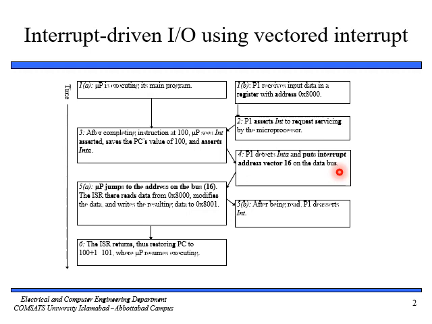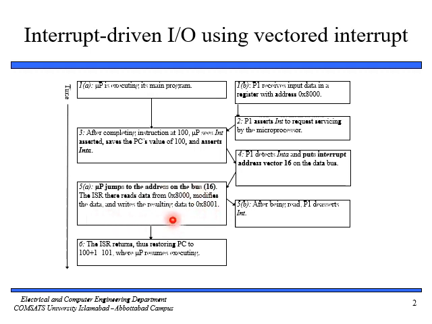Previously you know that our address was fixed for the ISR, but now we are putting the address on the data bus. The microprocessor jumps to the address on the data bus, that is 16. The ISR reads data from this location, modifies the data and writes the resulting data to 8001.